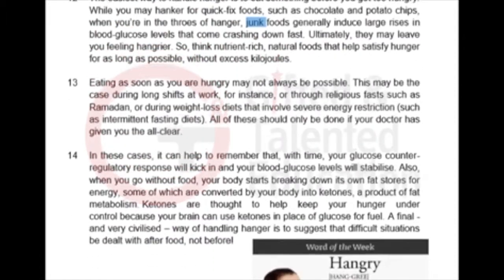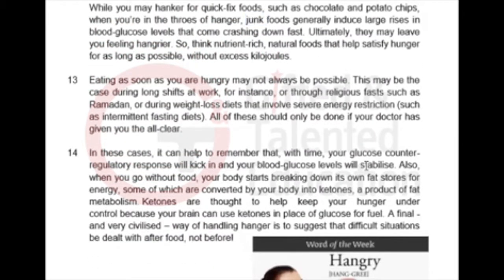In paragraph 14, this is quickly described. When you go without food, your body may start to break down its own fat stores for energy, some of which are converted into ketones, a product of fat metabolism. So there you go. Ketones.